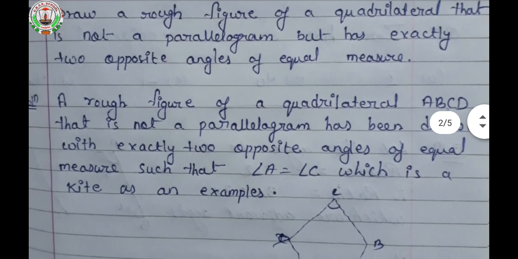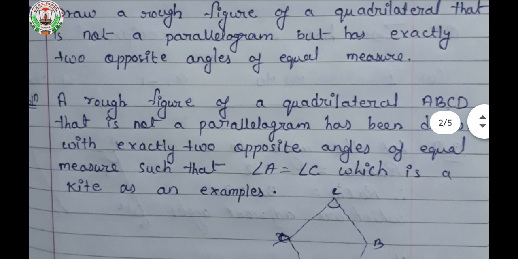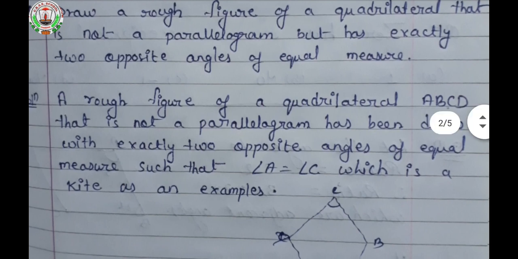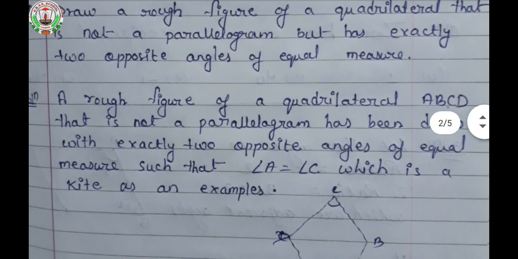Here it is said that we have to draw a rough sketch of a quadrilateral. Rough quadrilateral we have to draw. Okay, but that quadrilateral will not be a parallelogram, but has exactly two opposite angles of equal measures.